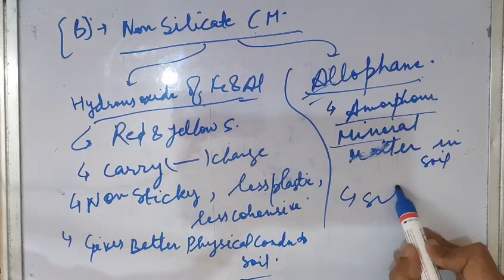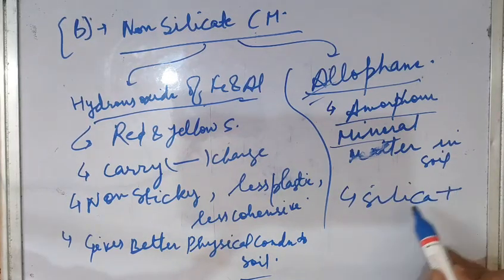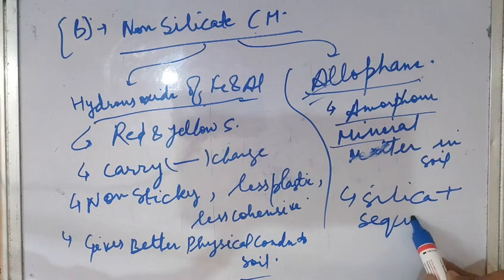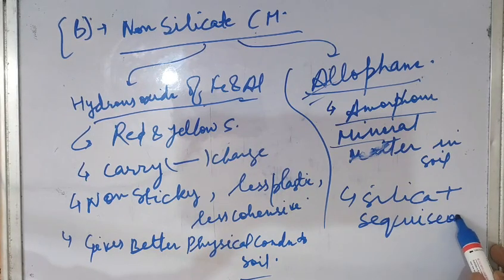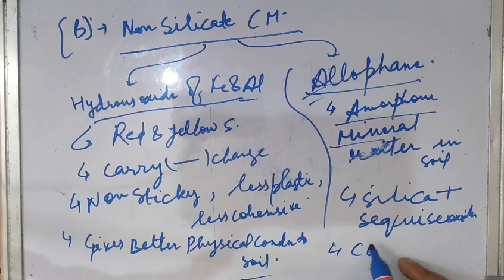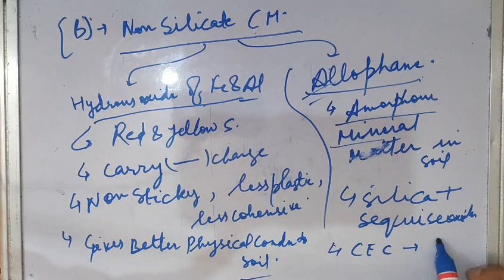It contains silica plus we have got here oxides. The cation exchange capacity of allophane is high, which means the expansion of allophane will also be more.